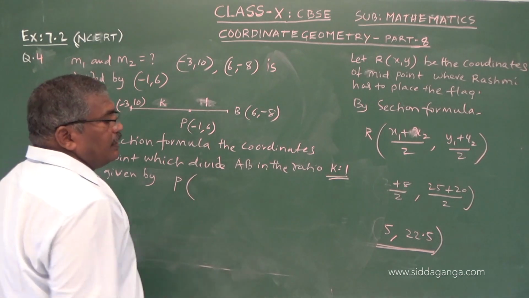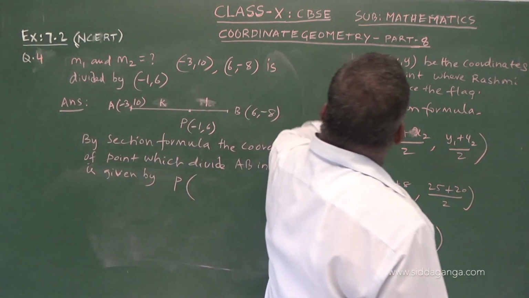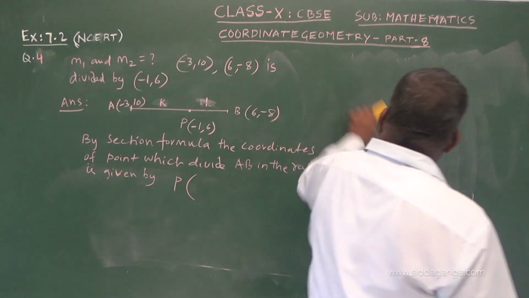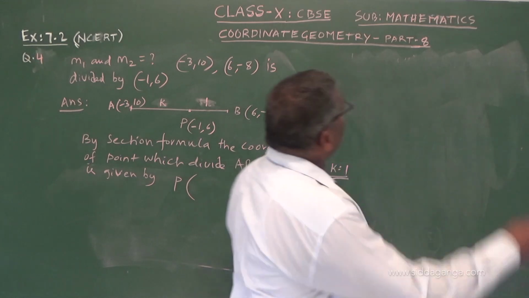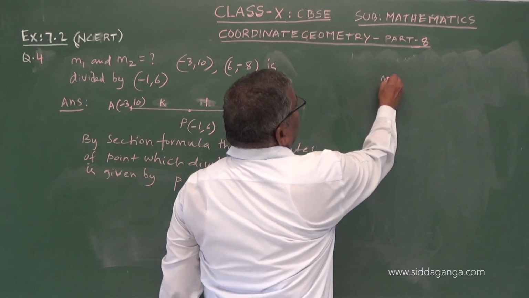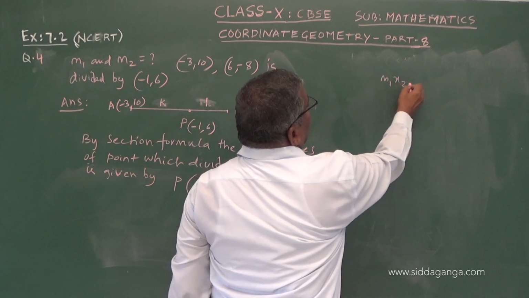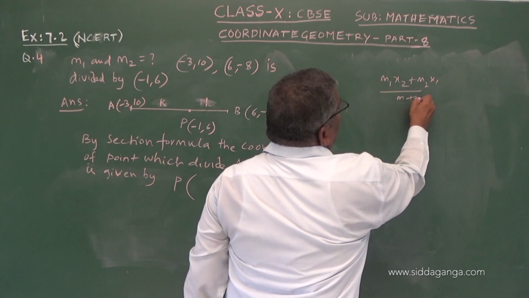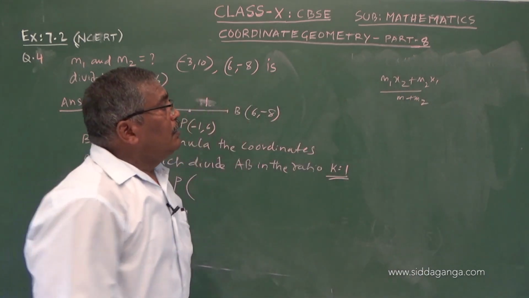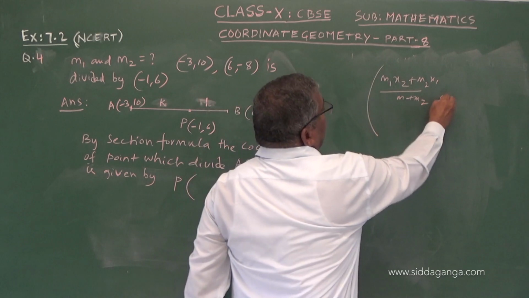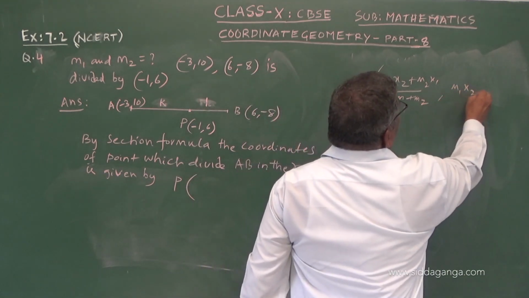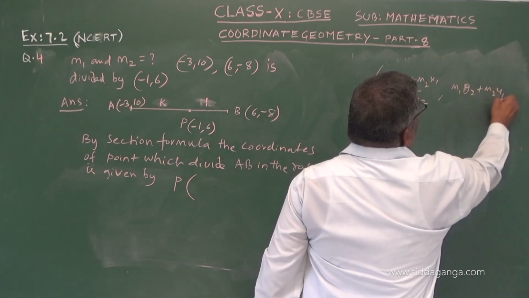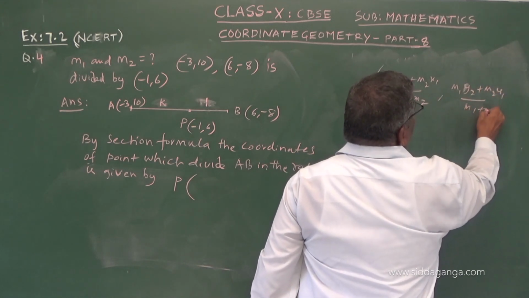So see here, remember that general formula I have told in the first class itself, m1 x2 plus m2 x1 divided by m1 plus m2. So this is one coordinate, and m1 y2 plus m2 y1 divided by m1 plus m2.